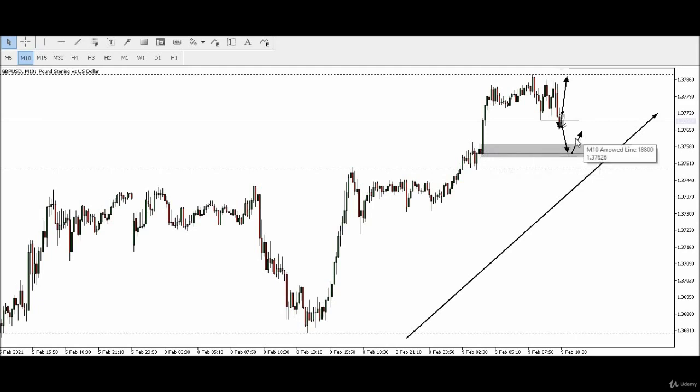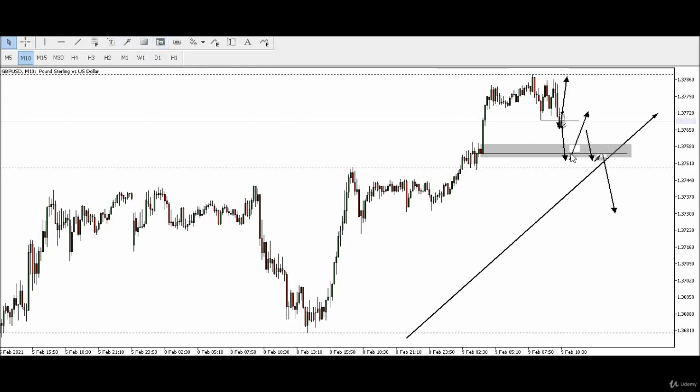If the market does this, fake out, return back, we are looking for buys here. And if the market goes like this, retest, and we are looking for sells here, we can sell here.